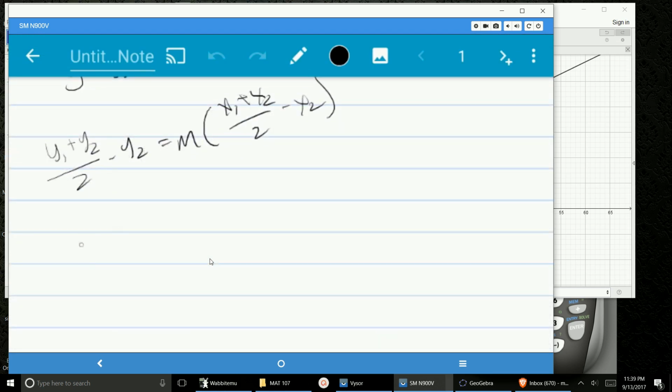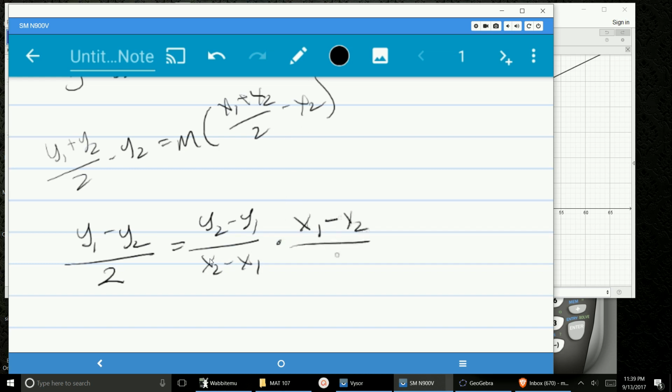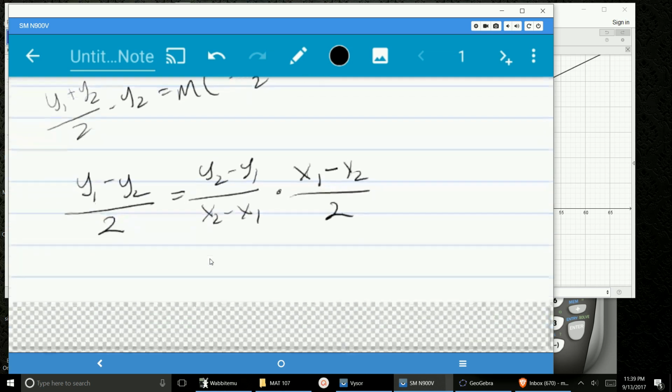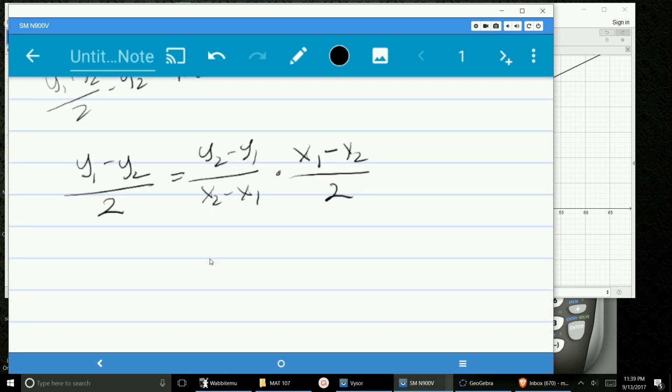Simplifying over here, if I'm subtracting y2 from this, this becomes y1 minus y2 over 2. And over here, m we know is y2 minus y1 over x2 minus x1. This becomes x1 minus x2 over 2. Alright, so I can now double both sides. These things are negatives of each other, so they cancel out to a negative 1.